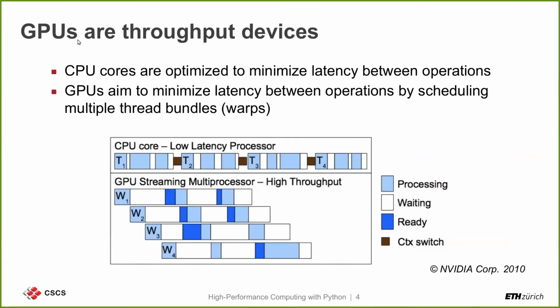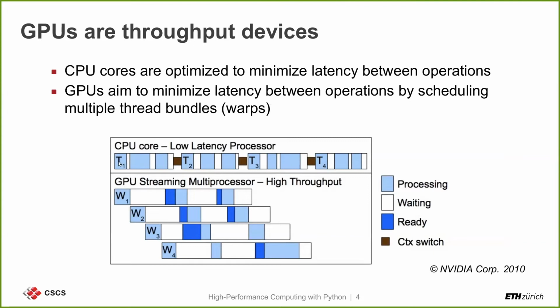GPUs are basically throughput devices. As I said before, CPU cores are optimized to minimize latency between operations, while GPUs minimize latency by scheduling multiple thread bundles, which in NVIDIA CUDA terms are called warps. So you see here the difference.